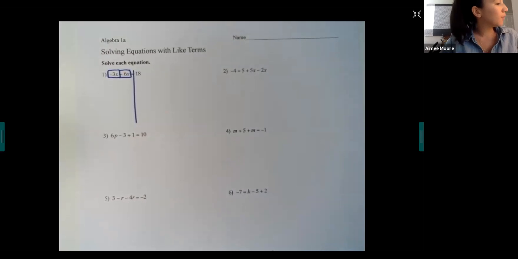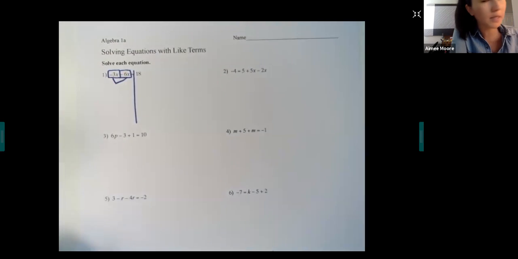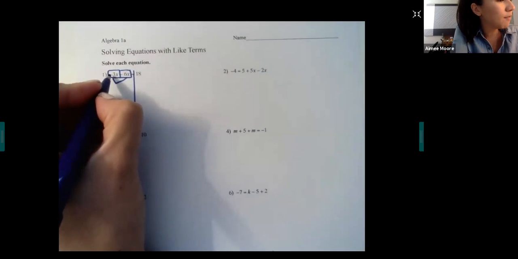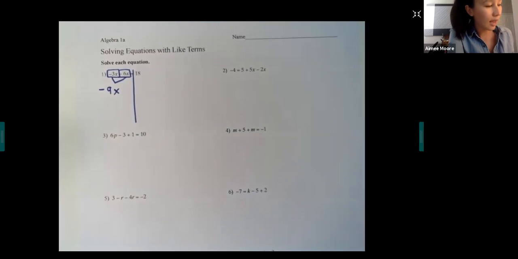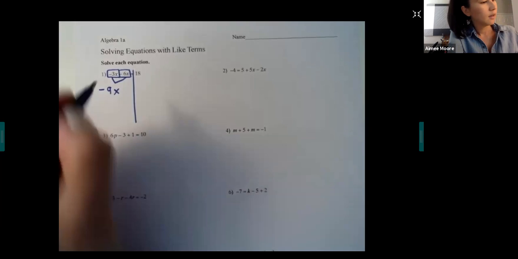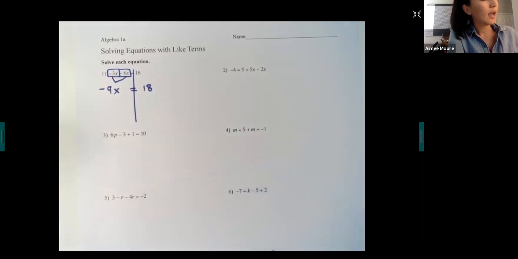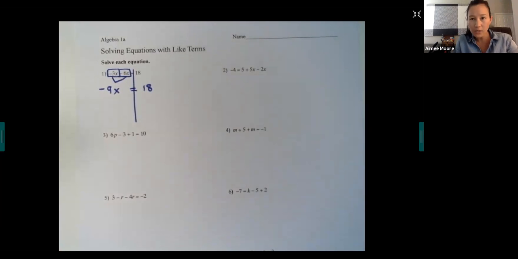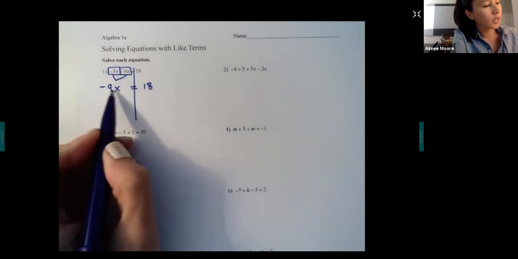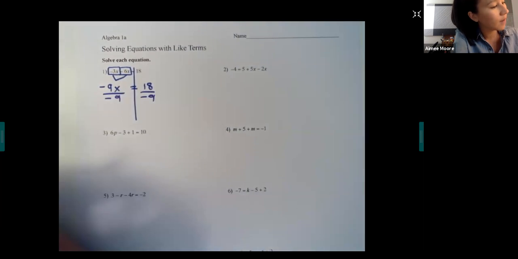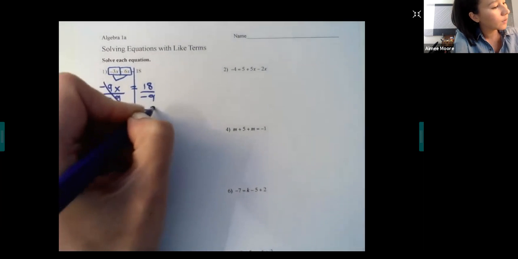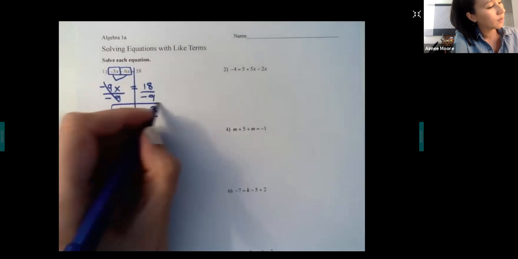So then step 3, we combine like terms on the same side of the wall. So these are on the same side, so we can combine them. We have -3x and we add that with -6x. Now we have -9x. And that equals 18. In this case, we don't have anything we have to add or subtract. So we just jump straight to division because we're already at -9x equals 18. So I need to divide both sides by -9 and x equals -2.